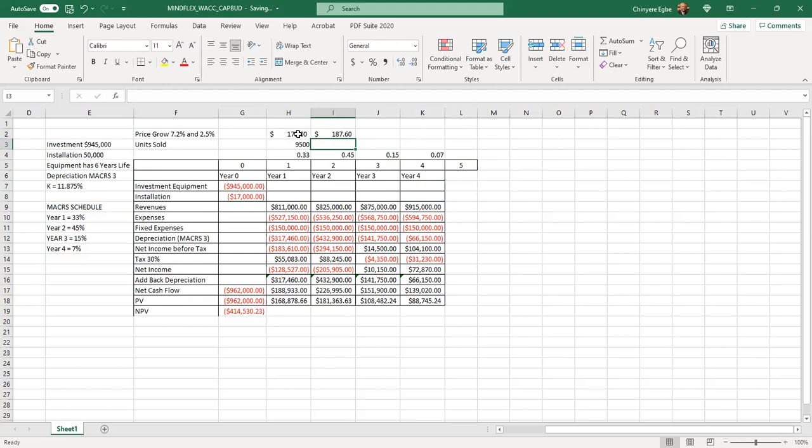So it will grow by 7.2% for the first 2 years, and then for the next 3 years, year 3, year 4, year 5, it will grow by 2.5%, equal to I2 times 1.025. All right, and so we take this to year 5.